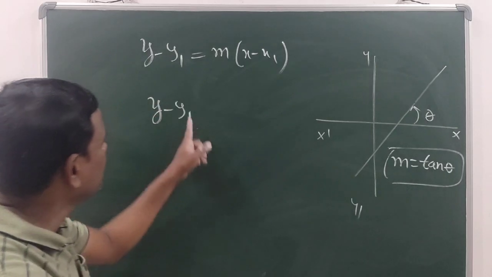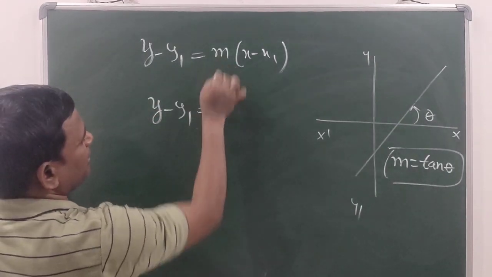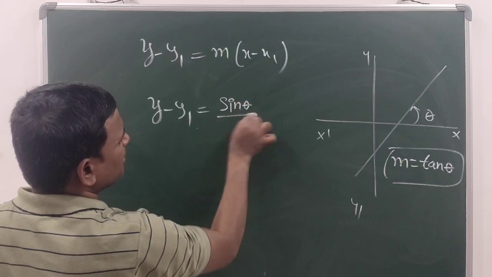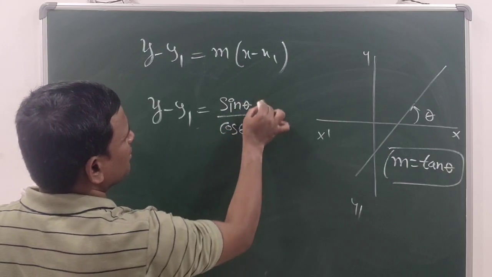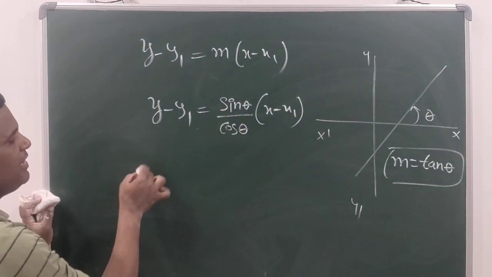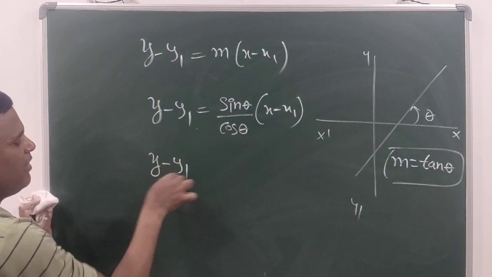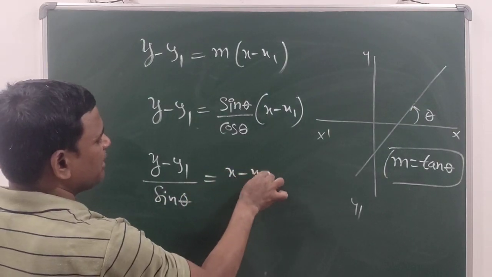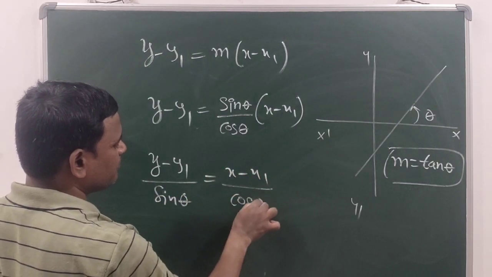So m equal to tan theta is the slope of this line, where theta represents the inclination of the line. Now here m is nothing but tan theta, which can be written as sin theta by cos theta, of x minus x1. Now bring sin theta to the left side: y minus y1 by sin theta is equal to x minus x1 by cos theta.